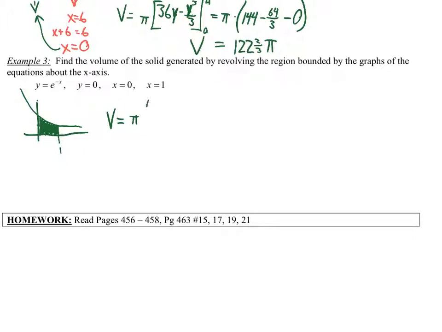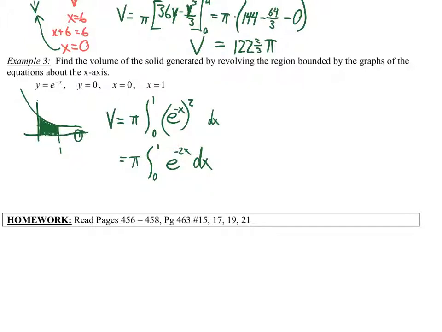It's just the integral from 0 to 1. We're revolving it this way, so I'm doing it with respect to x, of e to the negative x squared. So this is pi times the integral from 0 to 1 of e to the negative 2x.